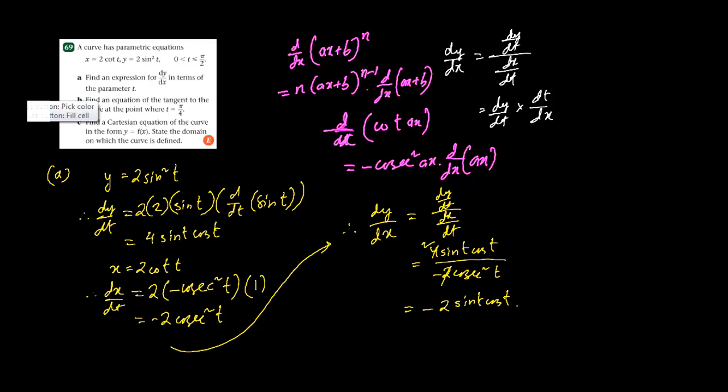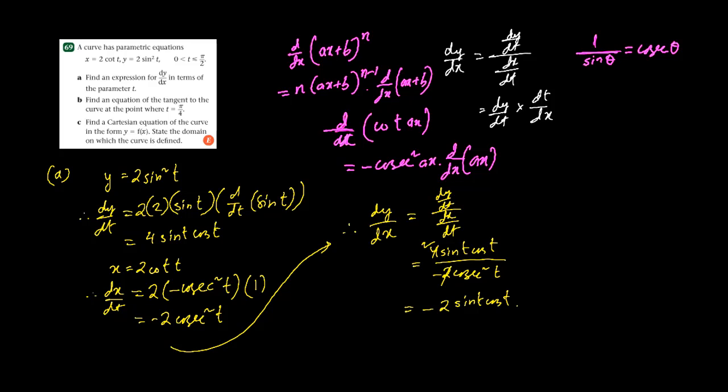If you remember the identity, again the C3 identity, the identity says that 1 by sine theta is identical to cosec theta. So cosec theta is the reciprocal of sine theta. That means sine theta is also the reciprocal of cosec theta.